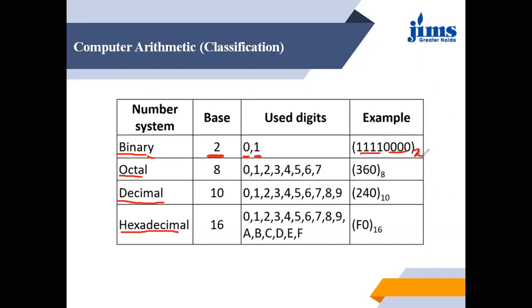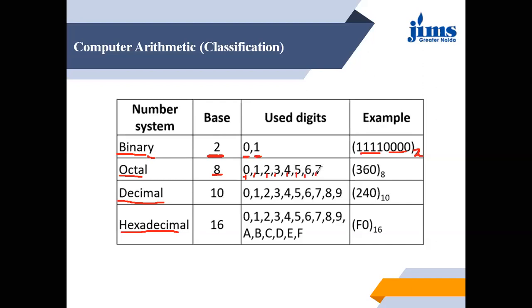Then in octal, the base is 8. It represents that the total number of different digits in an octal number is 8, that is 0 to 7. 1, 2, 3, 4, 5, 6, 7, 8. So there are total eight different digits.